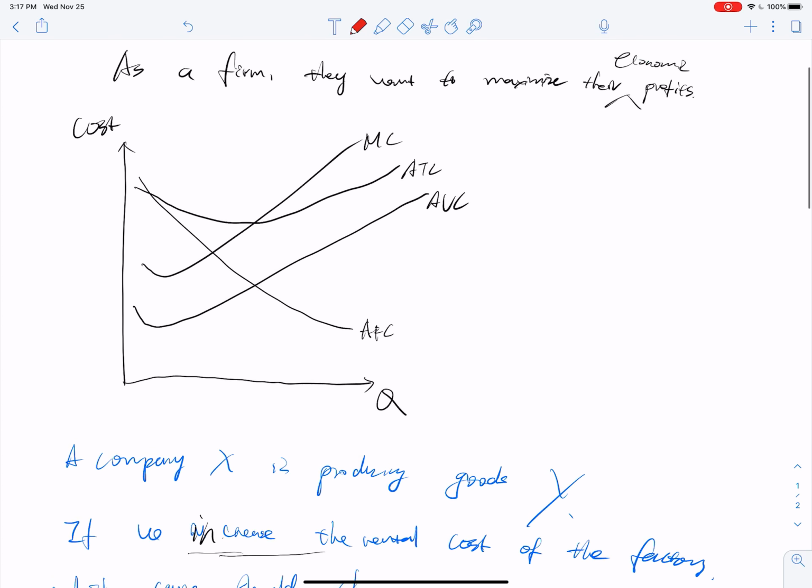So to show it on the graph, we know that average fixed cost is increasing. AFC prime, it is shifting up. And average total cost, similarly, also increases. Average total cost prime.